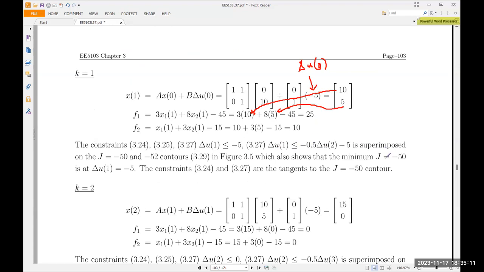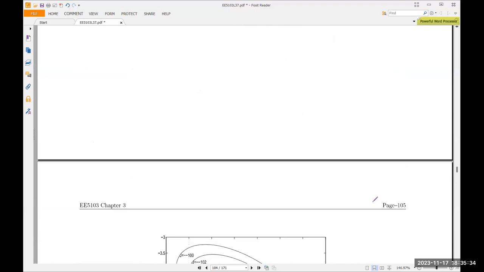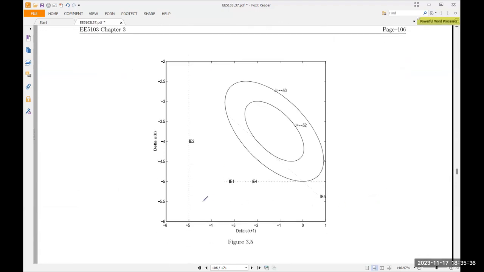And this time round, I draw for you the contour minus 50. All right, you go and look. I draw for you the contour of minus 50 and minus 52.